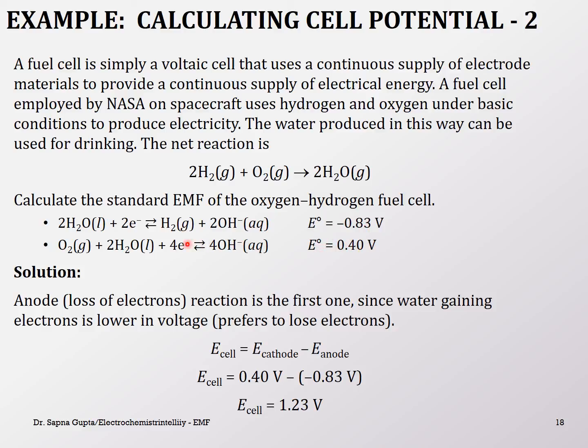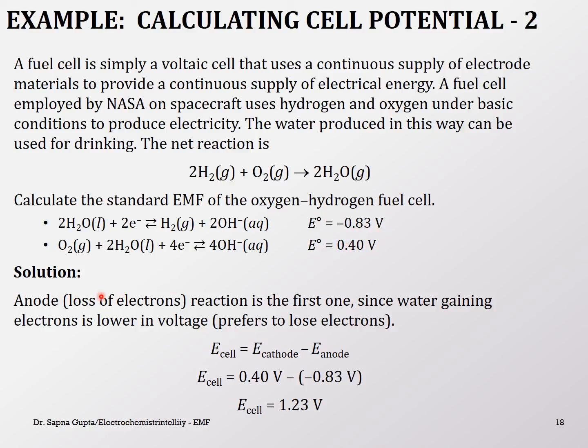Okay, so here is the reduction here for gaining 2 electrons, and the one with water. And if oxygen gains 4 electrons, this is what you get, and these are the E naught values, or the standard electrode values for this.